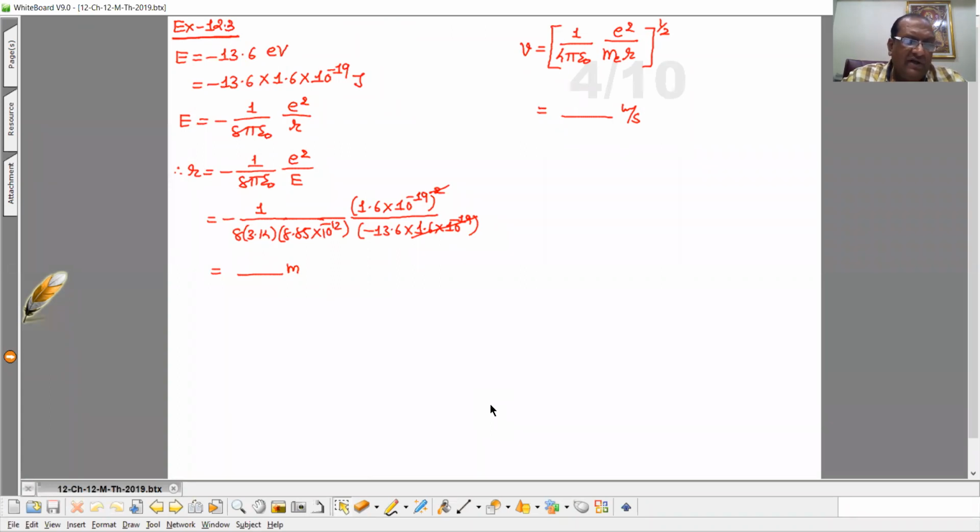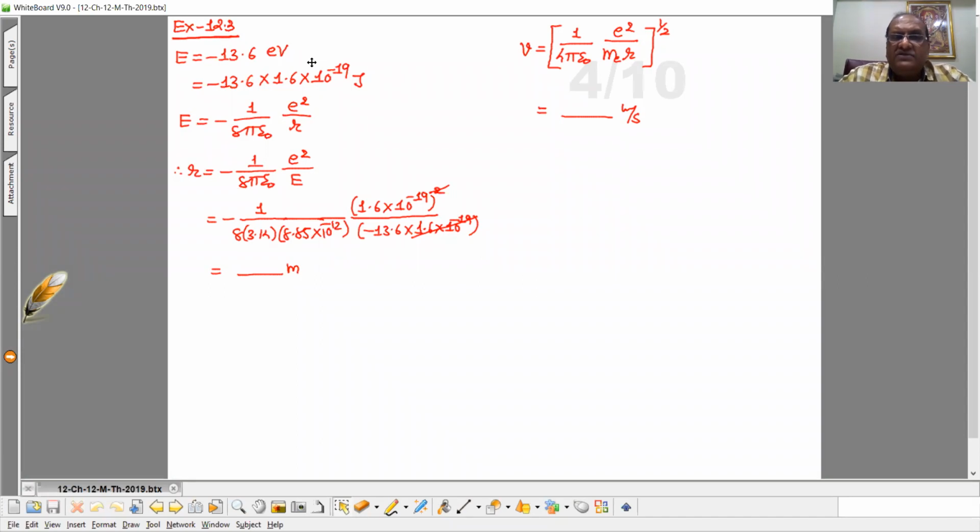Compute the orbital radius and the velocity of the electron in a hydrogen atom. Now see here. The required energy is 13.6 electron volt, which implies that the electron is bound with this much energy. So to separate it, we have to provide this much energy.